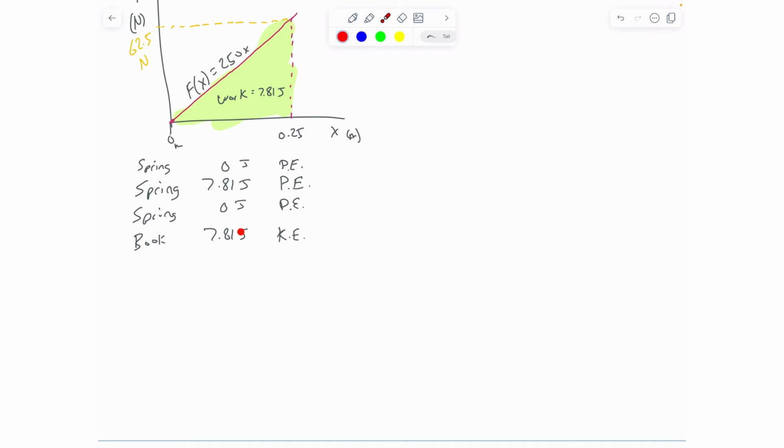Great. So now that I have the kinetic energy of this book, we can figure out how fast it's going, right? Before we do that, you may remember that kinetic energy is equal to 1/2 mv squared, right?